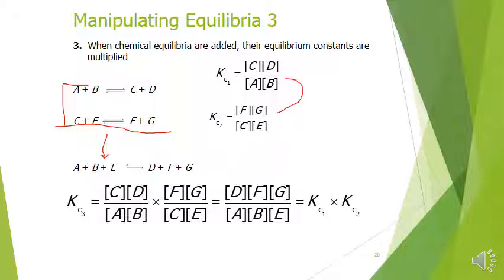These cancel out with this, and so you end up with DFG times ABE. So it's going to be D, F, and G, all over A times B, E, which is essentially this times this.